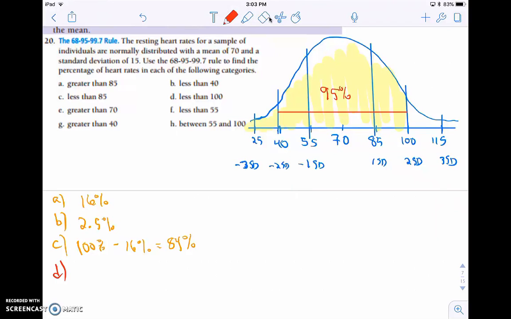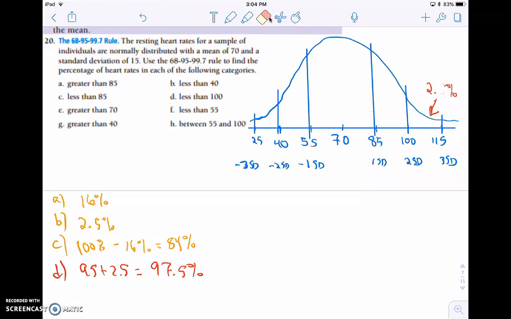Then on those two tails, like we talked about in the last one, 2.5% is in this tail and 2.5% is in this tail right here. So if we are less than 100, then we would just take 95 plus 2.5 to get 97.5%. And that would be how much is less than 100.